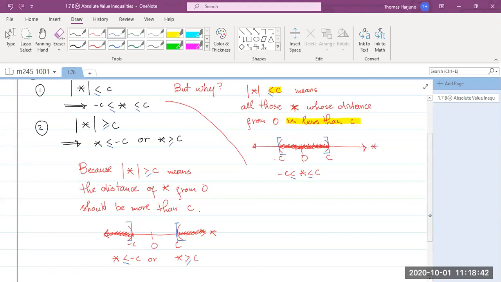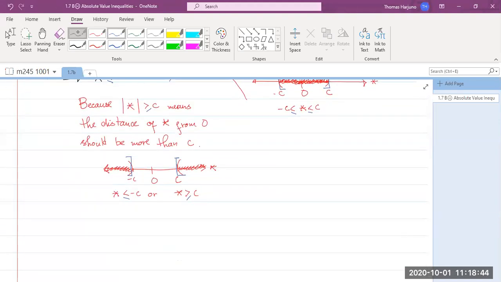Then if we look at our textbook, let's say for example number 60. Number 60, we have absolute value of x over 5 is greater than 3. Now, the absolute value is isolated on one side, and the other side is a positive number.